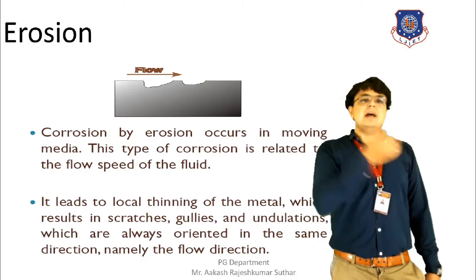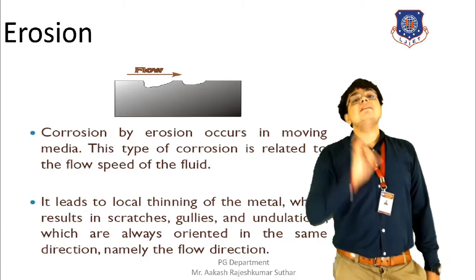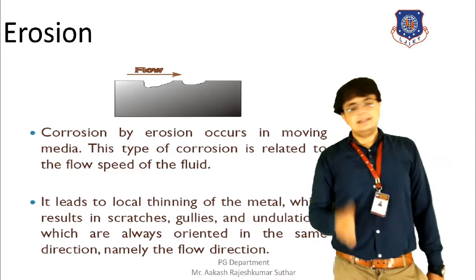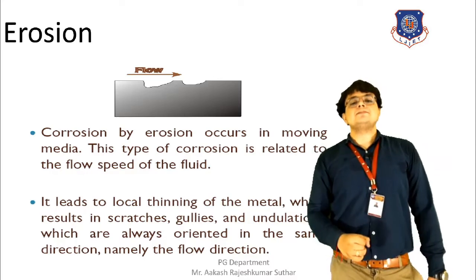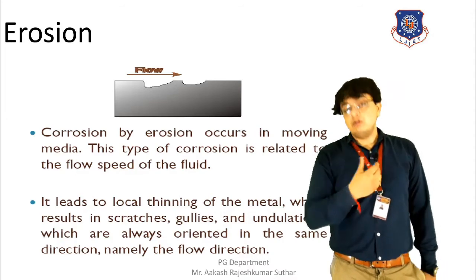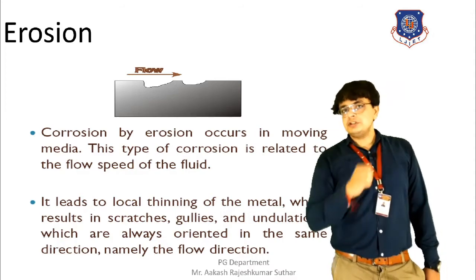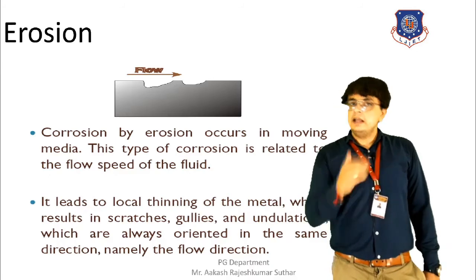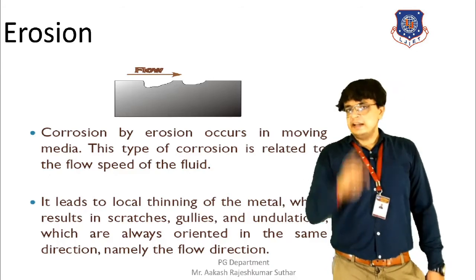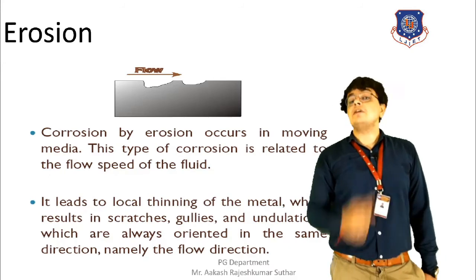So whatever corrosion takes place by flowing media will be erosion type of corrosion. And this is highly related to the flow of the material. Velocity of the material, flow of the material, concentration of the material do matter, and they also affect the intensity of the occurrence of the corrosion.